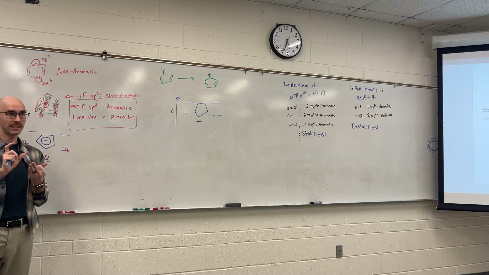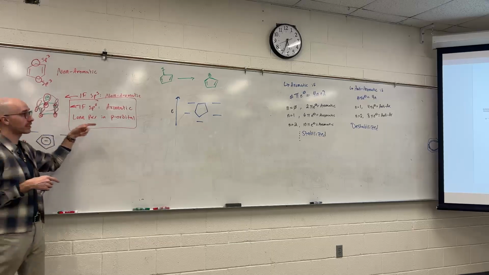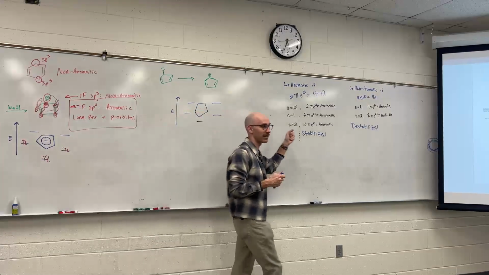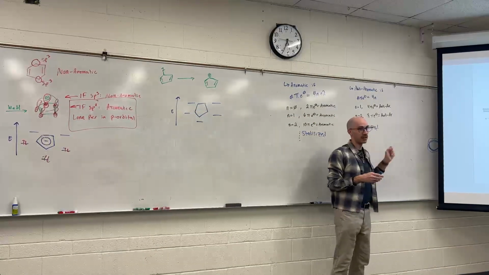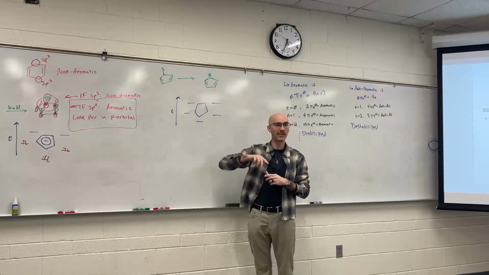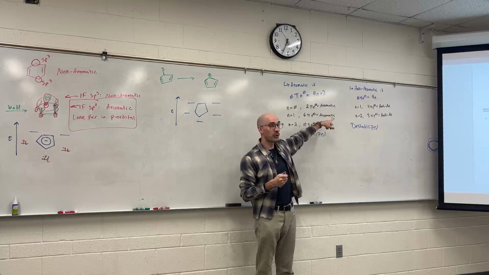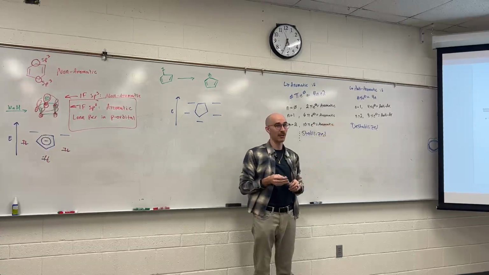It either gets this electronic stability like its anion version got, or it's going to get some destabilization for being the cation version. How many pi electrons in the cyclopentadienyl cation? Only 4. Huckel's rules suggest that this will be anti-aromatic.